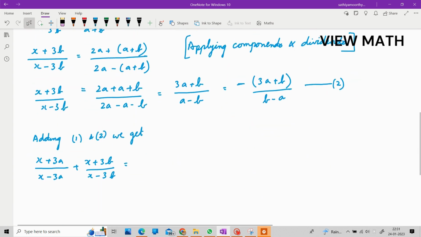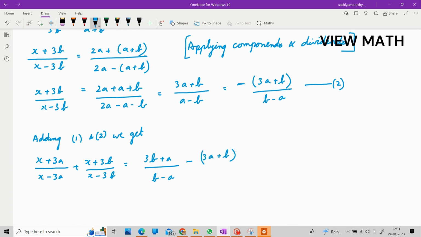So let me write that, (3b + a)/(b - a) plus the second one. So it has a negative sign, so I am going to put the negative sign, (3a + b) by b minus a.